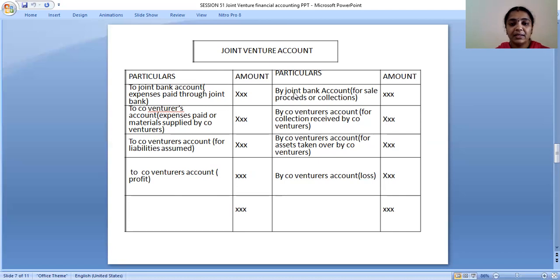On the credit side: by joint bank account for sale proceeds or collections; by co-venturers account for collections received by co-venturers; by co-venturers account for assets taken over by the co-venturers; and by co-venturers account if there is any loss. This is the format we have to follow for preparing the joint venture account.